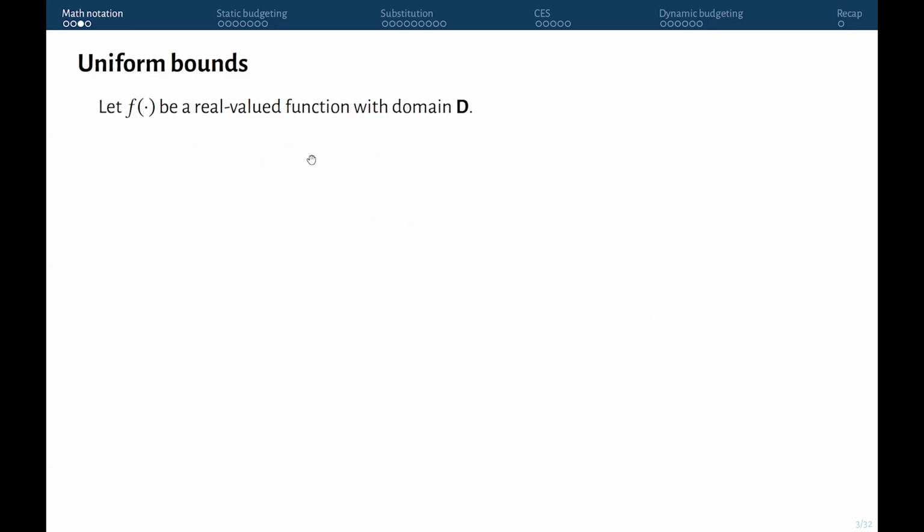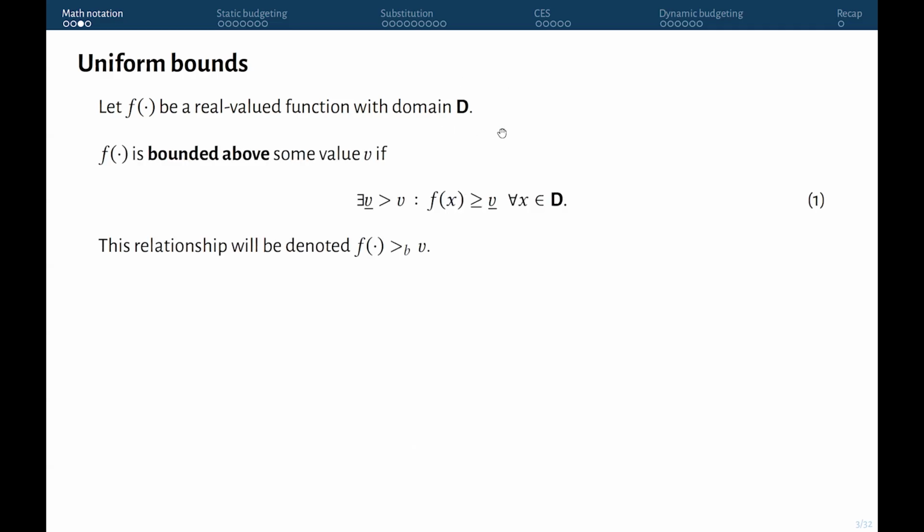Now let's say f is a real valued function. That means its outputs are real numbers. And it's defined on some domain, D. F is bounded above some value v if there's some other value v underline strictly greater than v, such that f never dips below v underline throughout its domain.